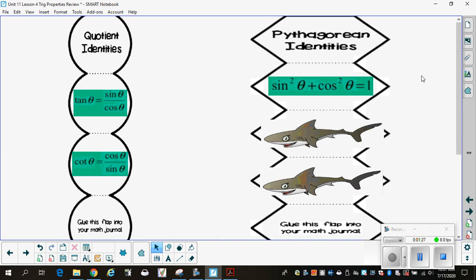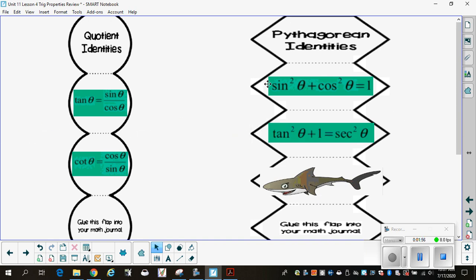The other two you can get to by dividing everybody by sine squared, or I could just as easily divide by cosine squared. I can get the other 2. So you only need to memorize this one.